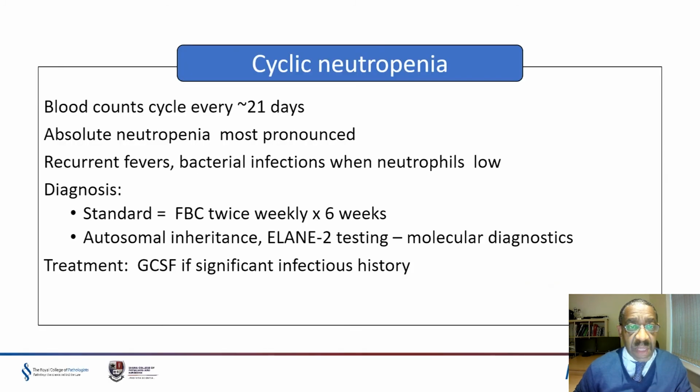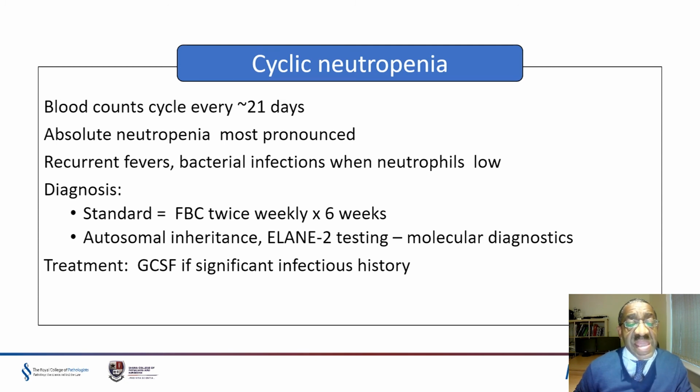An interesting syndrome is cyclic neutropenia. This is seen in all races, and what we see is a dip in neutrophils which occurs around every 3 to 4 weeks on a continuous basis, and these patients actually present with an absolute neutropenia at that time and are at risk of quite severe bacterial infections when the neutrophils are at their nadir.